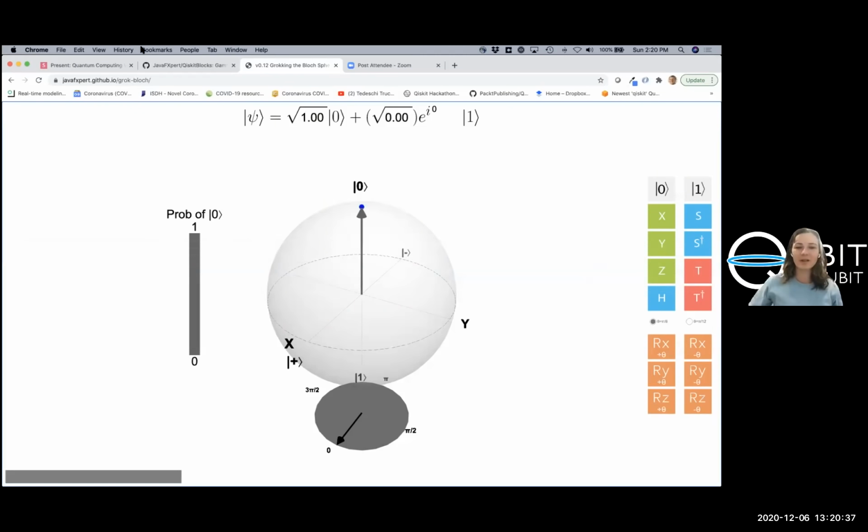Just for people who may have joined late, this is James from IBM Quantum Education. He was showing QxQ blocks, which are some fun games that you can play to practice your quantum skills. We wanted to have James present today as a way to show you that over winter break, which will be coming up in a few weeks, there are still resources online that you can use to continue to practice your skills.